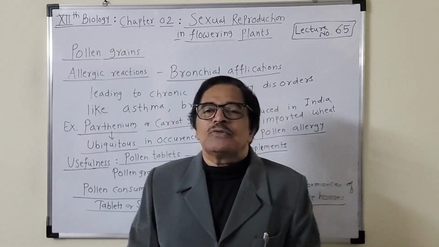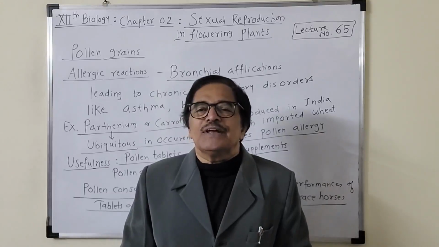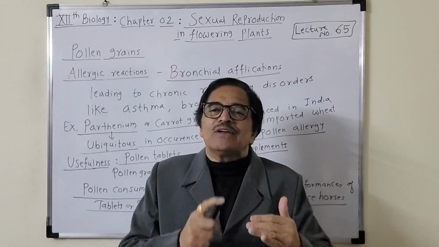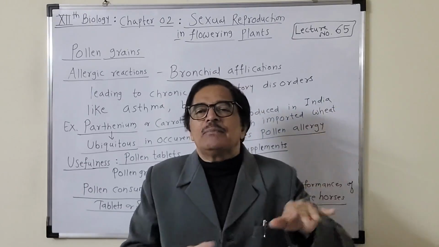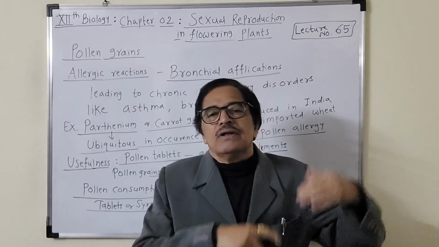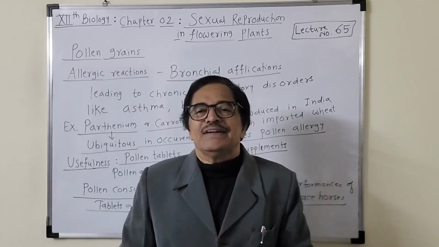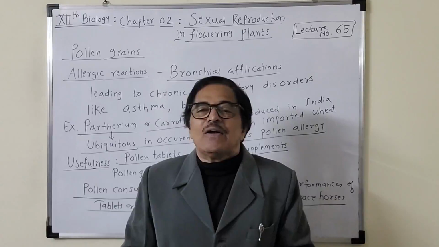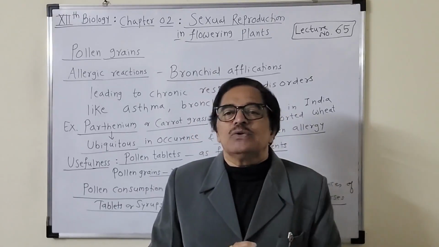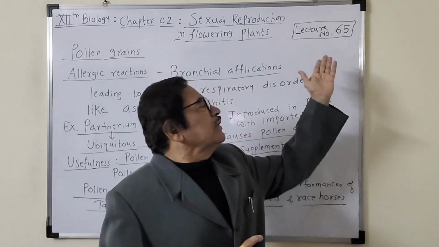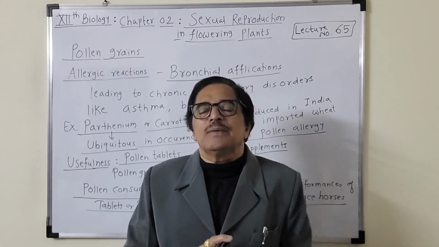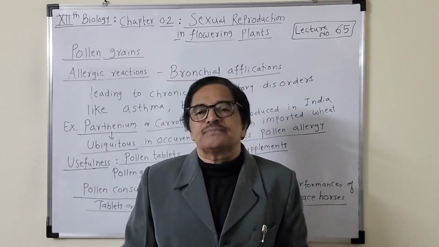What is the name of that process? Microsporogenesis. Okay. And then at maturity the anther wall ruptures and all those pollen grains, which are in enormous number, very large number, will be released free. So all that part we have studied. Do watch my earlier videos, number 64, 63, etc. And you will get all this information in detail there.